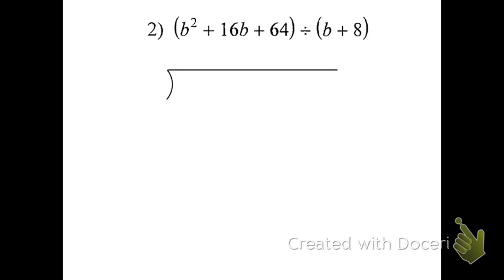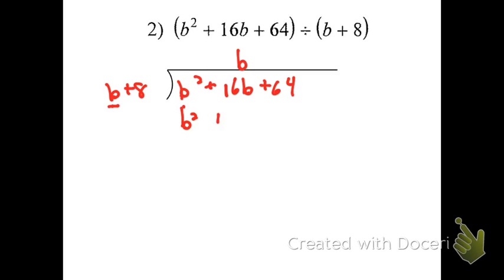Now, on number 2, we're going to take b squared plus 16b plus 64, and that goes on the inside. B plus 8 goes on the outside. All right. So now, what do you multiply by b to get b squared? Well, that would be b. B times b is b squared.